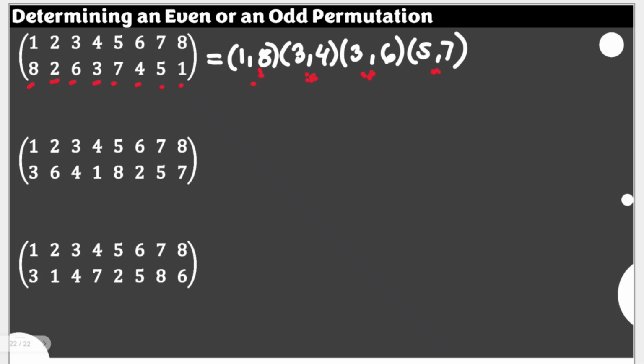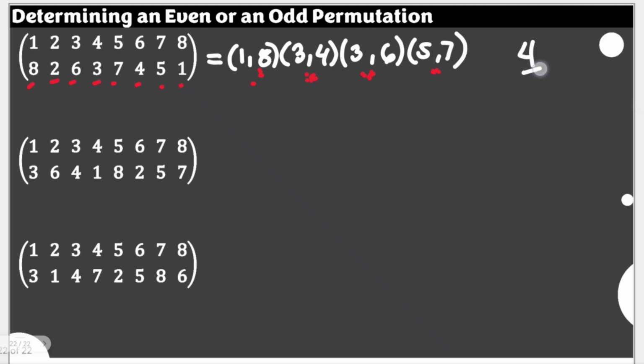Now, looking into this result, we see that there are 4 transpositions for the first permutation. We have to multiply 4 different transpositions: 1, 8, 3, 4, 3, 6, and 5, 7 to get the result which is similar to the first permutation.